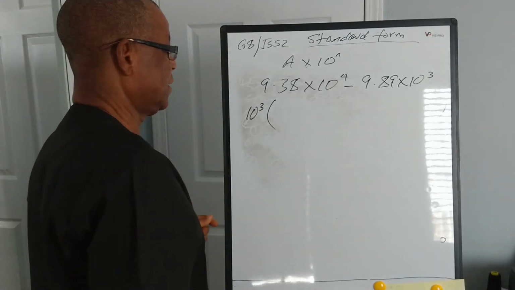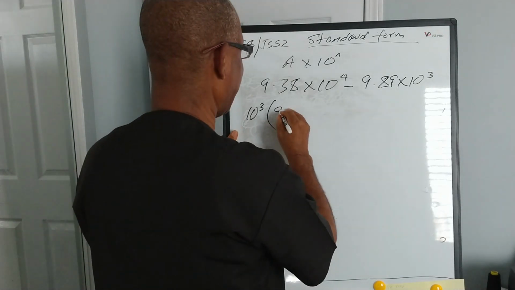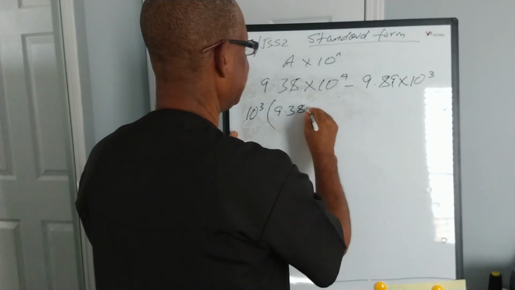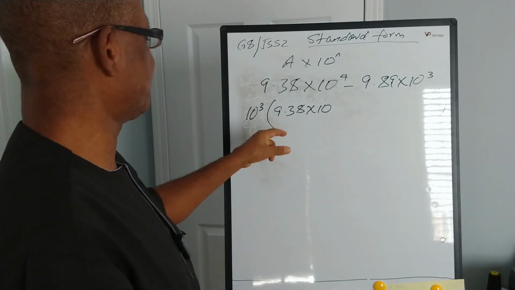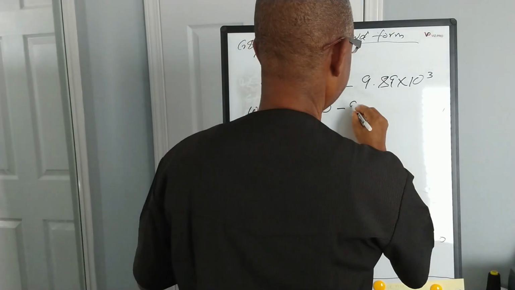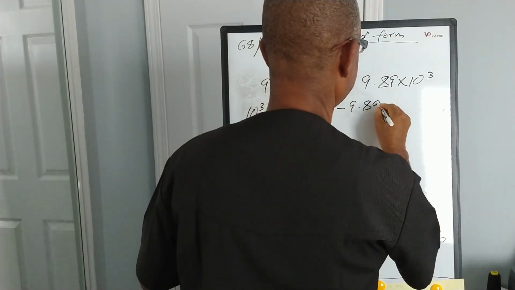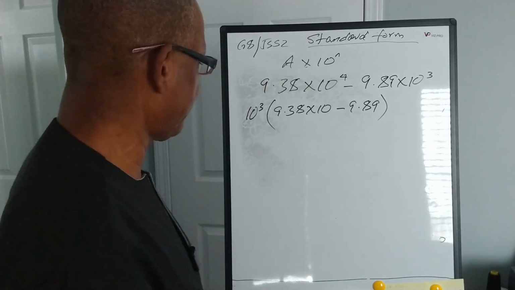If we divide this by 10 raised to the power 3, we have 9.38 times 10. This 10 times this 10 raised to the power 3 gives us 10 raised to the power 4, minus 9.89. The 10 raised to the power 3 has taken care of this 10 raised to the power 3.